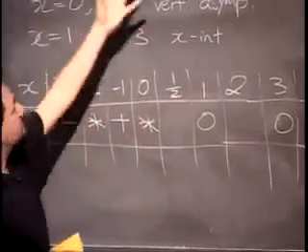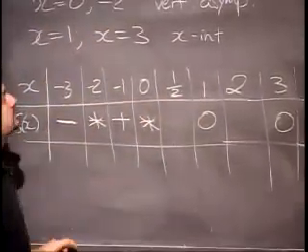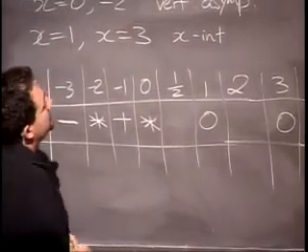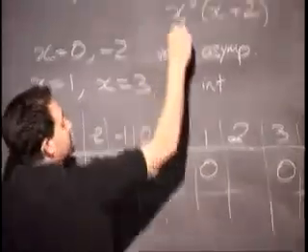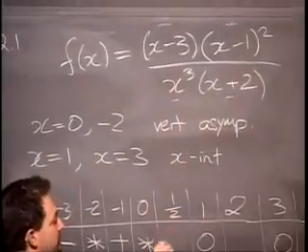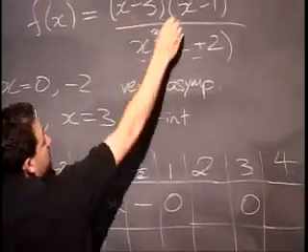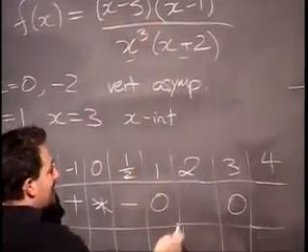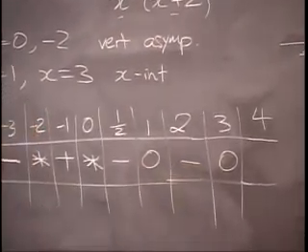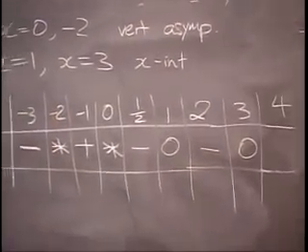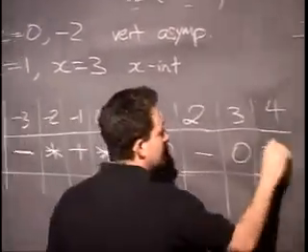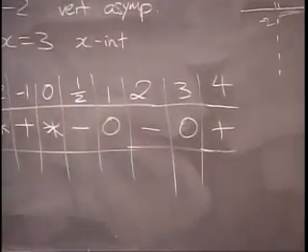You just need to look at whether each factor is positive or negative. So for 1/2, I get negative, positive, positive, so the thing will be negative. At 2, I get negative, positive, positive, positive. Again, it's negative there. At 4, however, everything is positive, and so there's my table of signs.